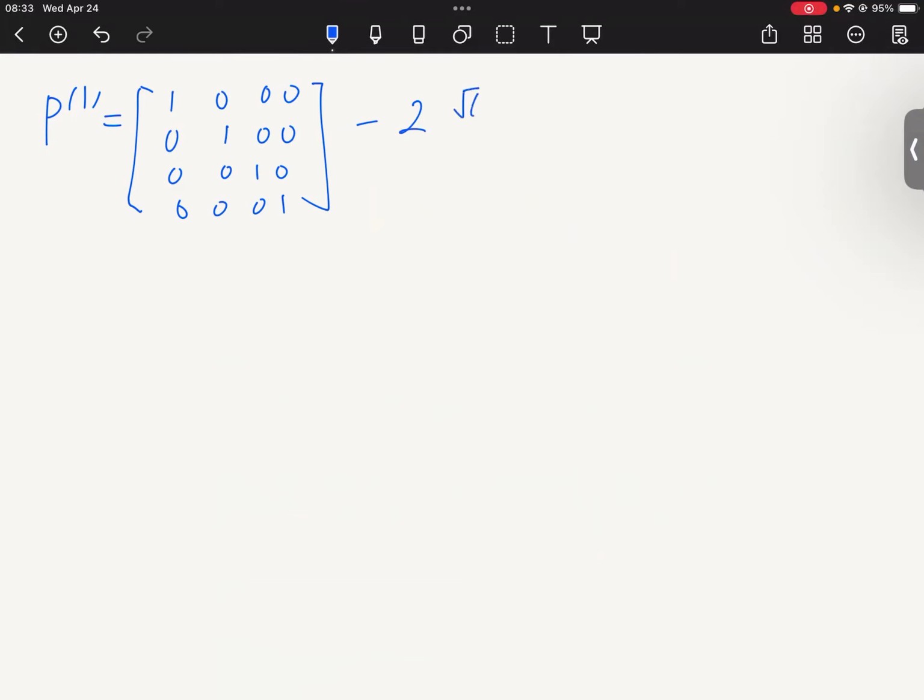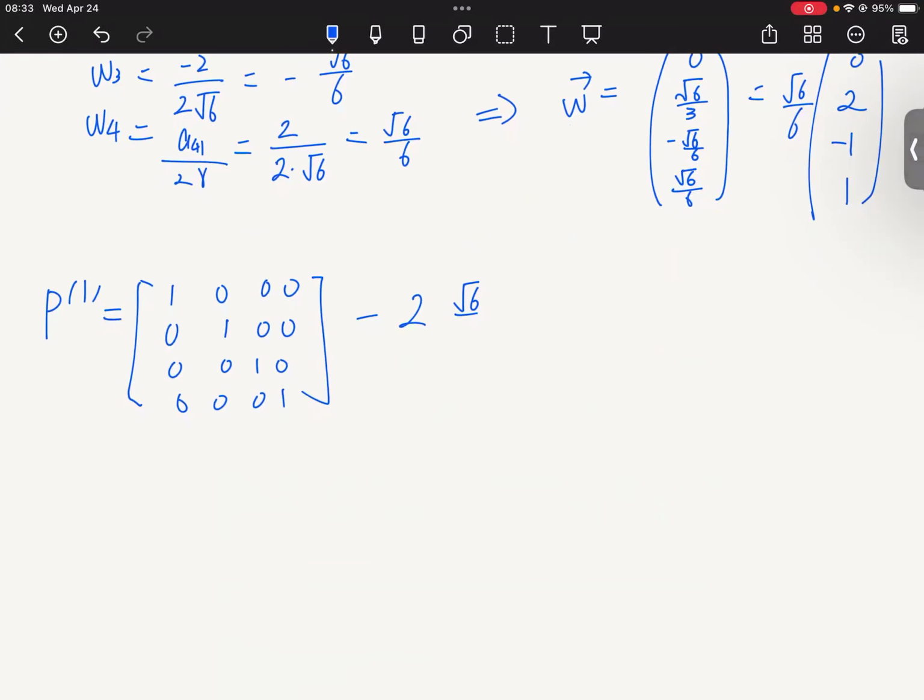Because W is defined with the square root of 6 over 6, we have W times W transpose, with this square, and we have 0, 2, -1, 1 here and 0, 2, -1, 1 here, because this is W and this is W transpose. This makes sense.